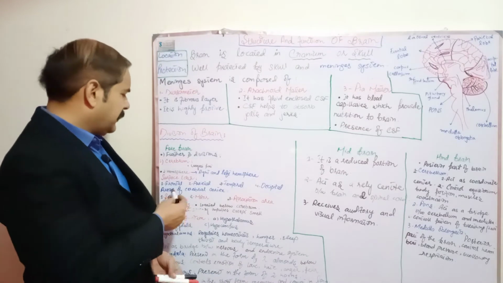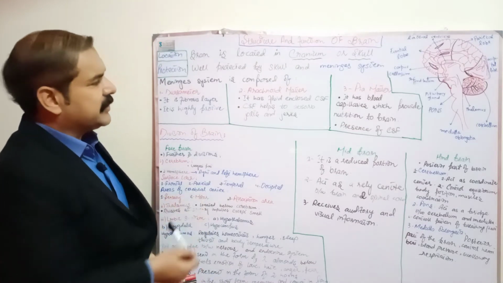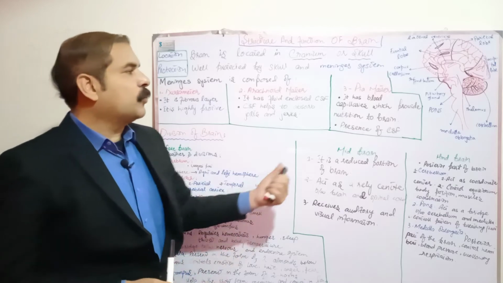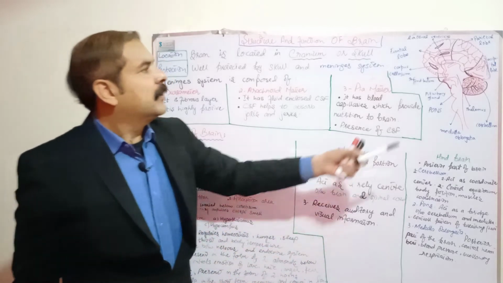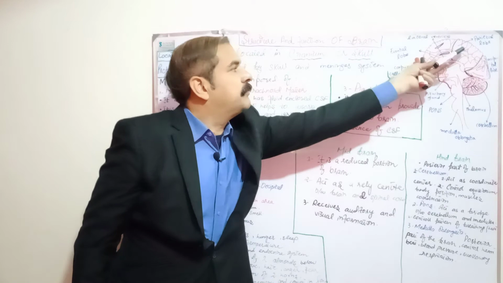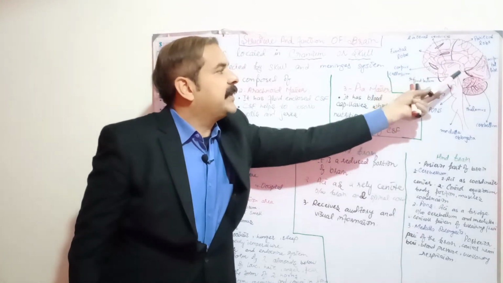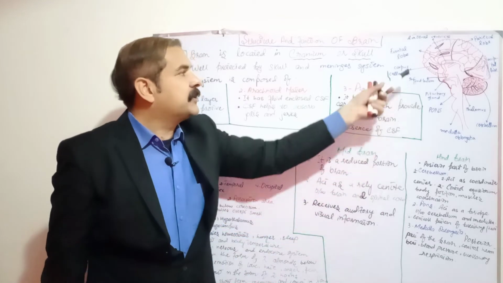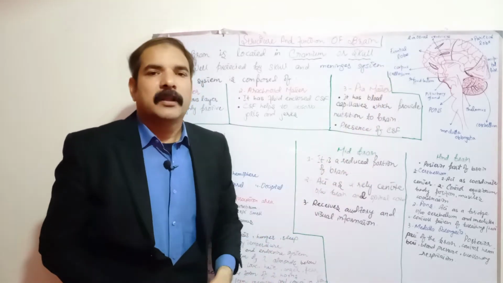Beside it, these cerebral hemispheres have surface lobes. Here is the parietal lobe, here is the frontal lobe, here is the occipital lobe, and the temporal lobe. Starting with the first one, the frontal lobe.